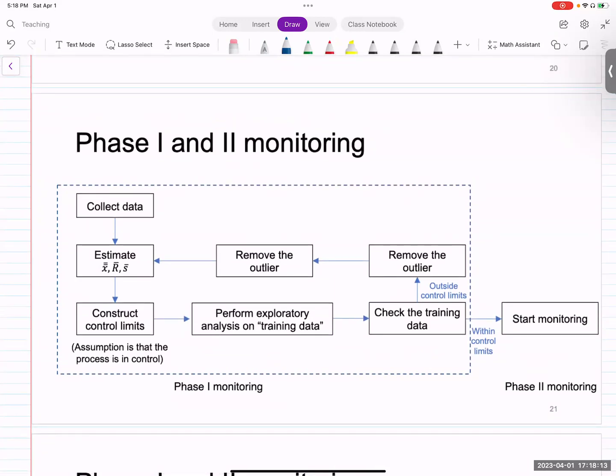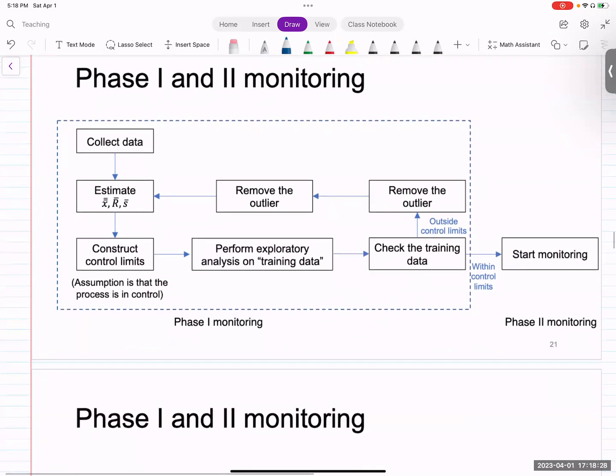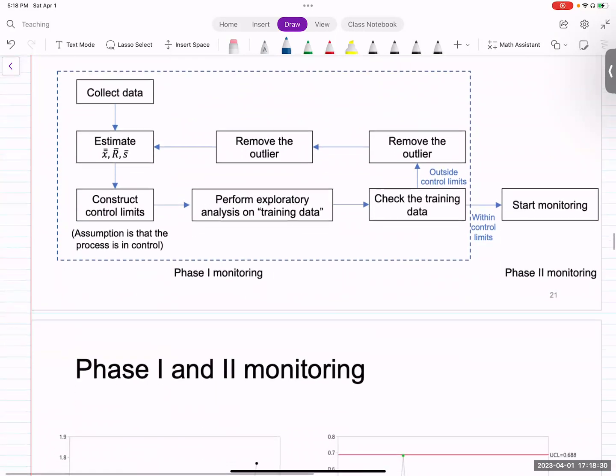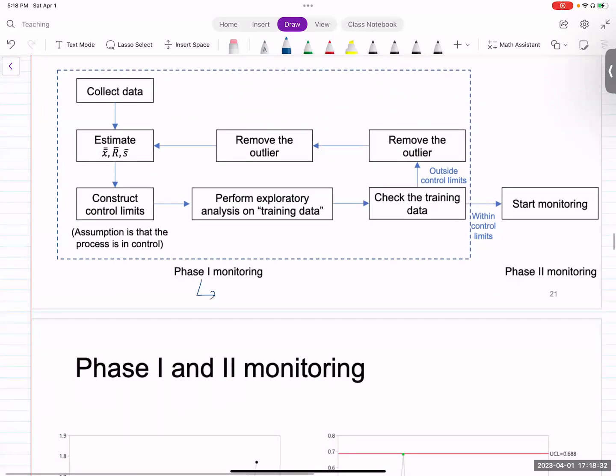Now, phase 1 of developing a control chart is the process when you are trying to set up the control charts. You're not monitoring the process using the control charts. We call it phase 1 monitoring, but really this is where you set up the control chart.